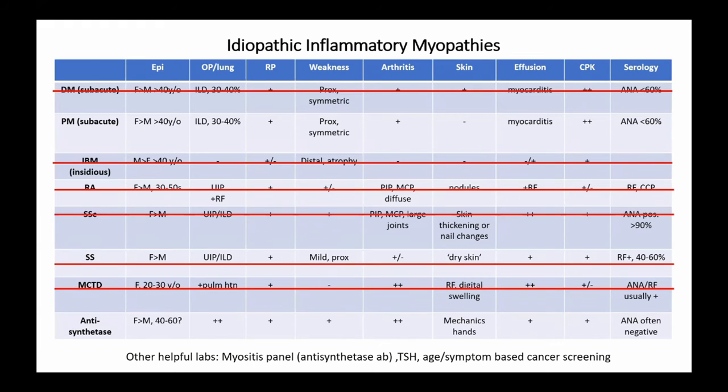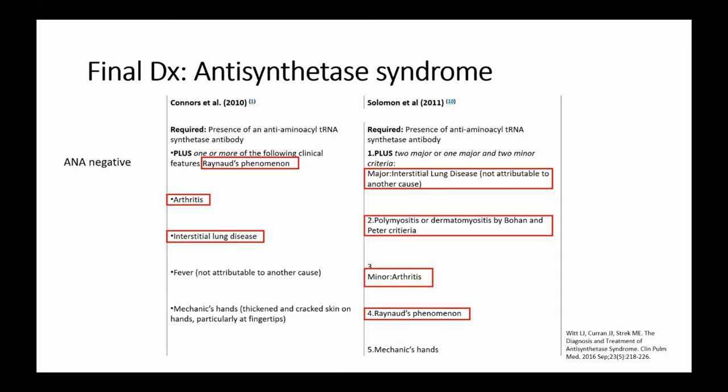To kind of nail the diagnosis, I would want to have a myositis panel. There are many anti-synthetase antibodies out there. I think that would be very helpful. These are two guidelines or ways to come up with this diagnosis from Connors and Solomon, and they each require the presence of an anti-synthetase antibody.